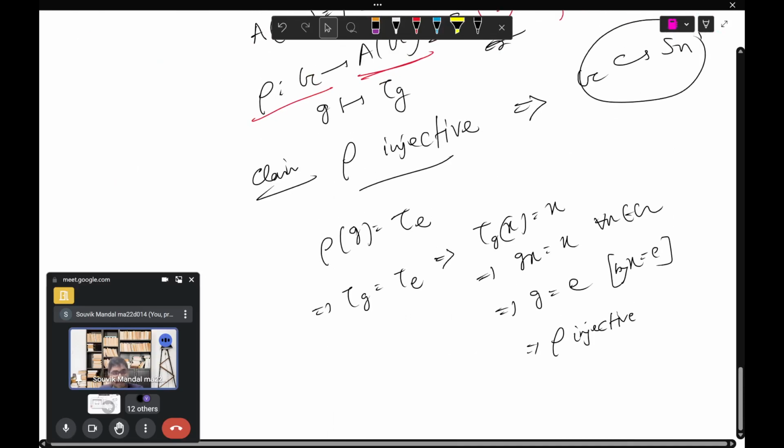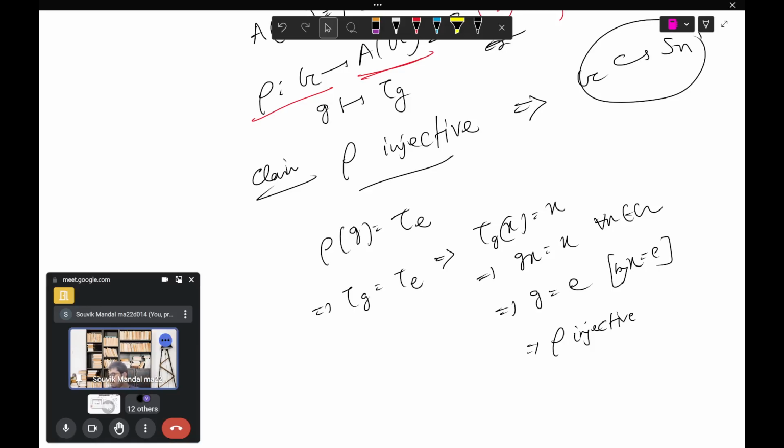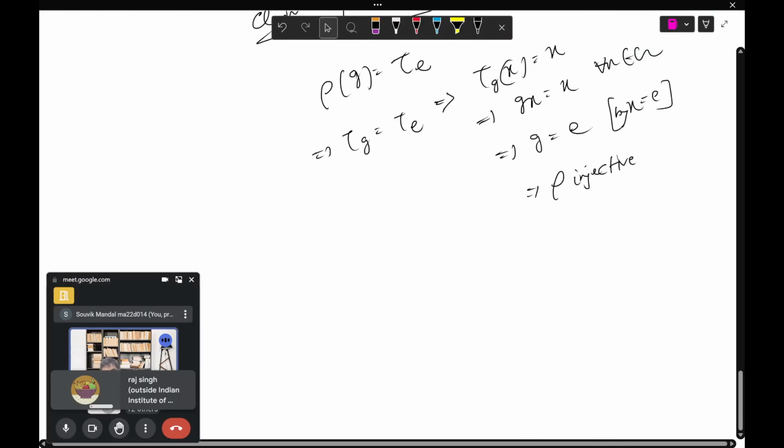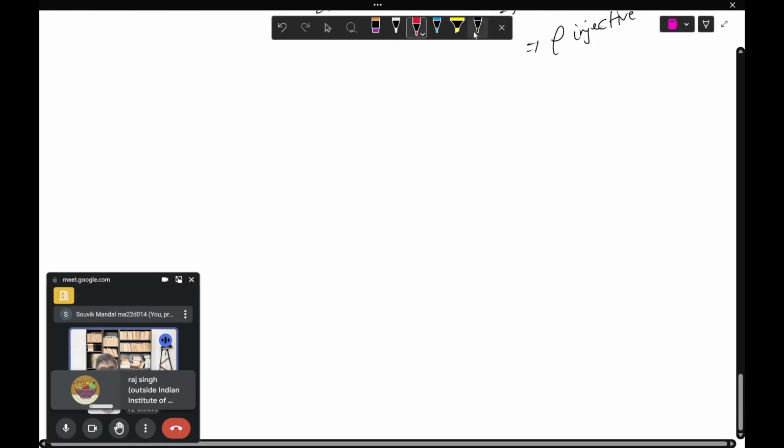So yeah, this is Cayley's theorem, that G can be embedded inside Sn. Now, using this, prove the following. Let's do some problems also.